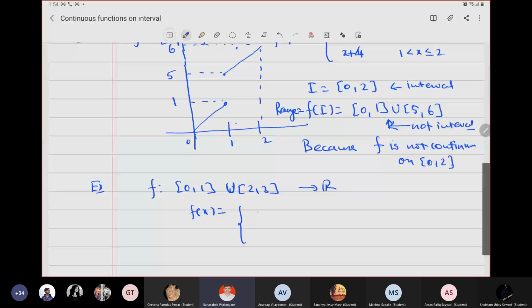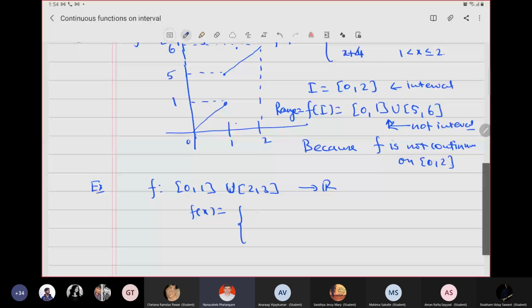Now sketch the graph. So 0 to 1 and 2 to 3. So 1 to 2 is not in the domain. From 0 to 1 it is the same as x, and the value at 2 is again 1, and 2 to 3 is again x minus 1, right? You check the graph whether it is correct.